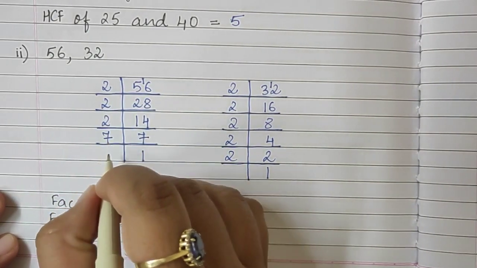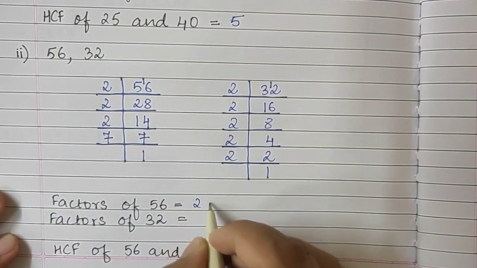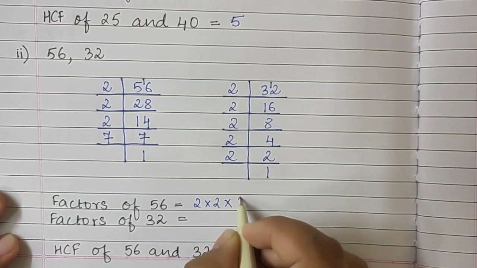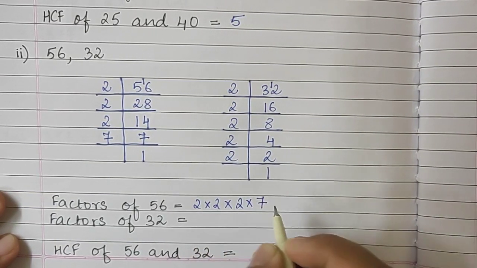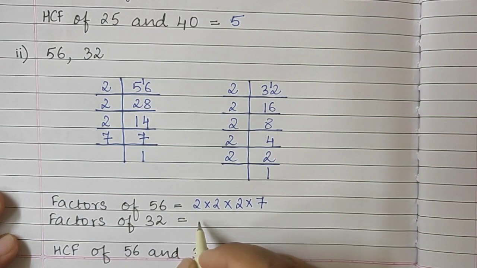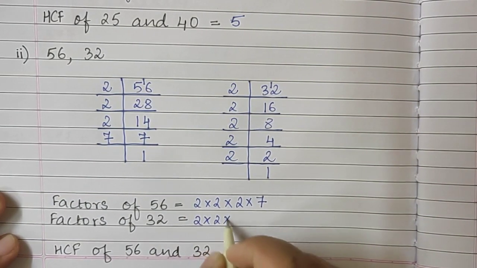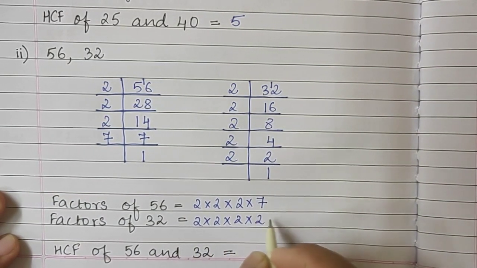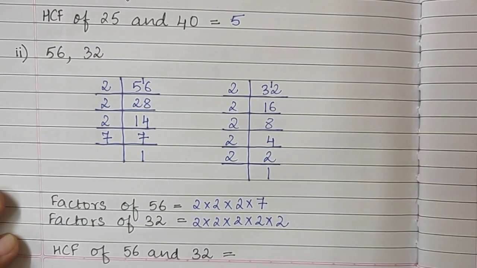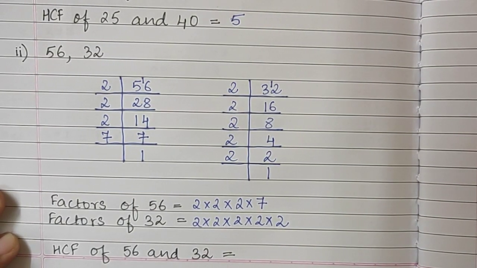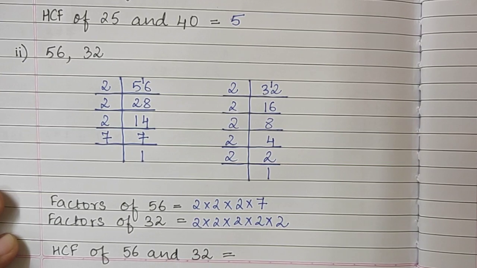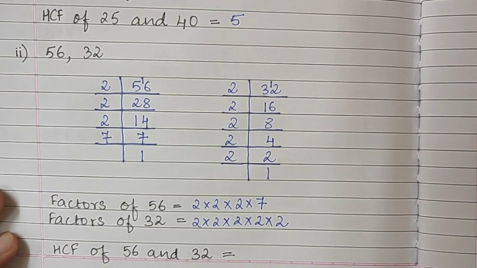We'll copy down these numbers from here. So 2 into 2 into 2 into 7. Here it is 2 into 2 into 2 into 2 into 2. Now we'll circle the numbers, and as we circle we'll write them down.